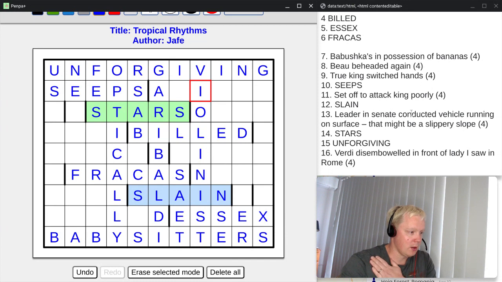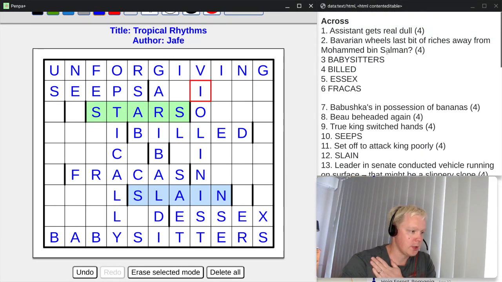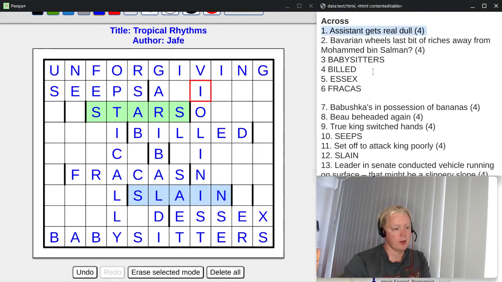But let's start from, should we start from number 1 here? So we're going to be looking for an answer starting with A or B now, something before babysitters in alphabetical order. So assistant gets real dull. An assistant is aid. It's often AIDE, but it can be AID.